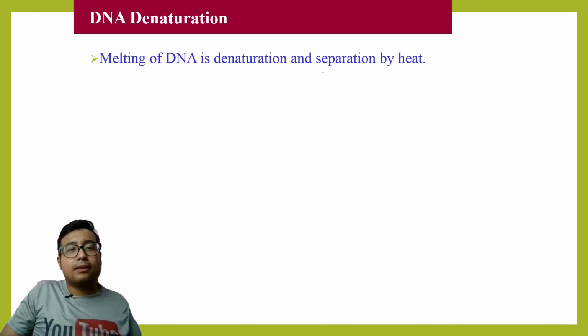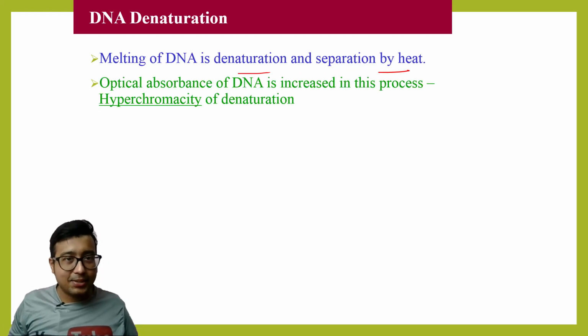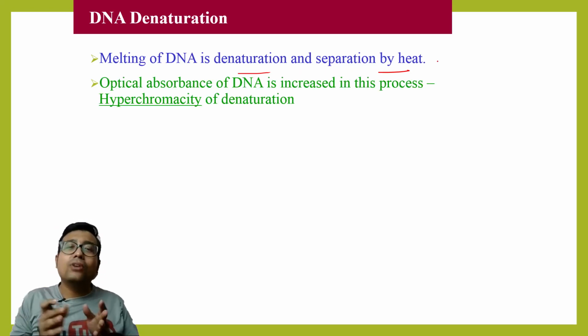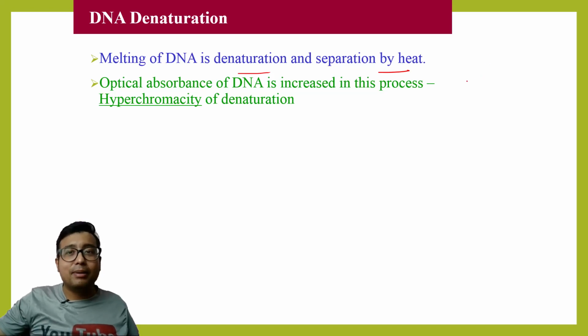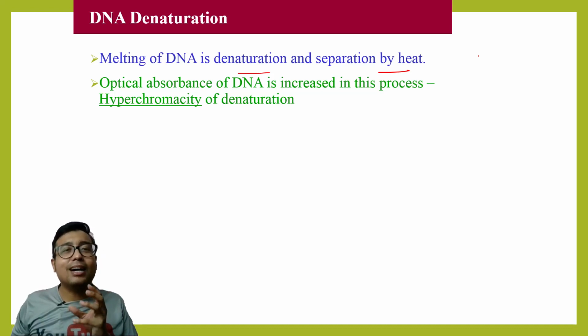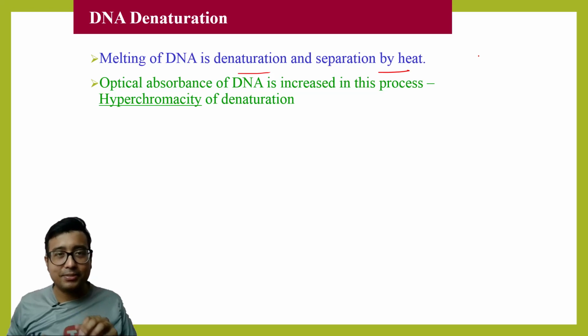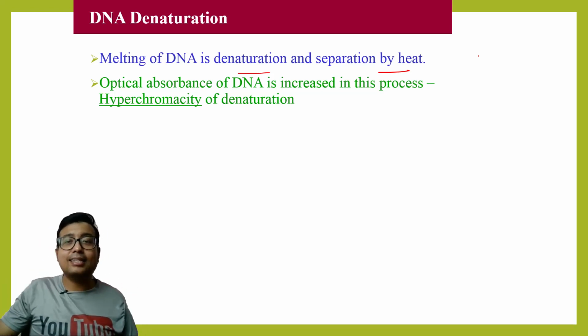Generally, the most common denaturing agent is heat. Now, you have read about the colorimeter. So in a colorimeter, what happens? We measure the color of a substance in visible light. But DNA and RNA also exhibit an absorbance or an optical density, and that is present under ultraviolet light, UV light.